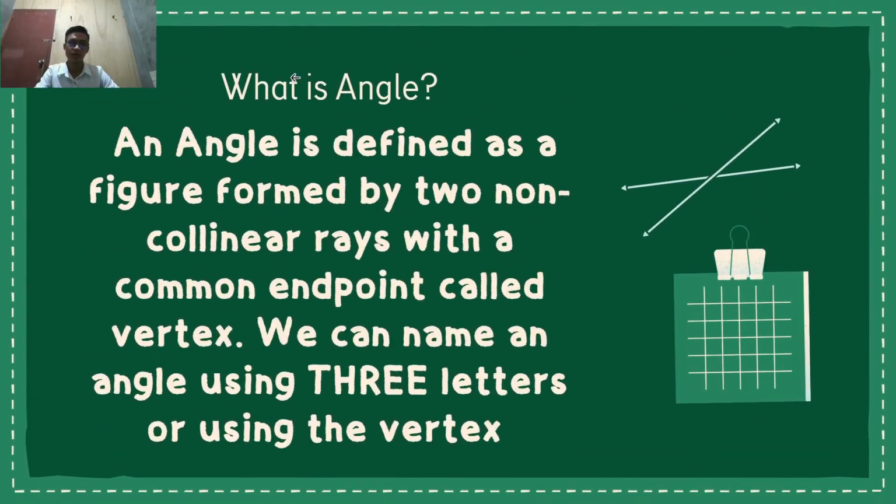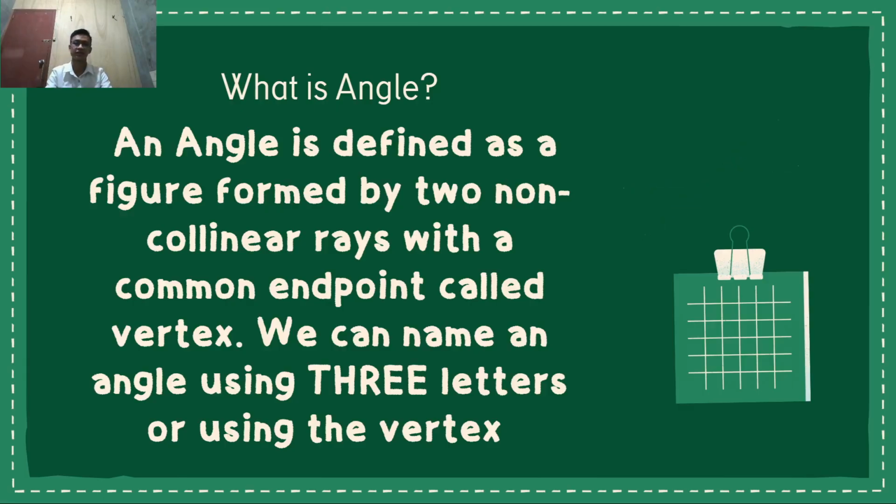Now, we have to define what is an angle. An angle is defined as a figure formed by two non-collinear rays with a common endpoint called the vertex. We can name an angle using three letters or using the vertex.